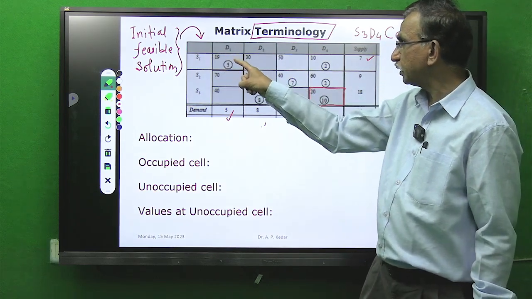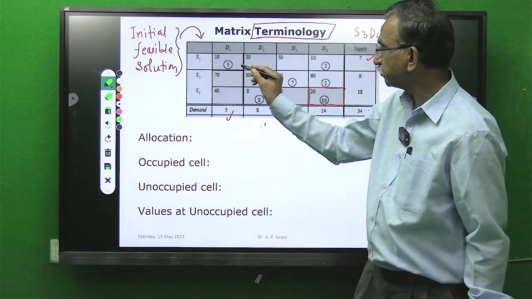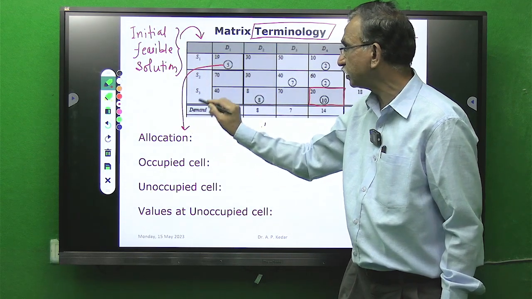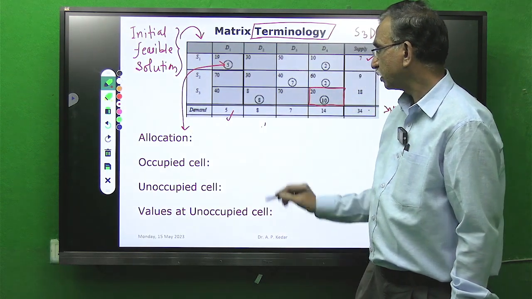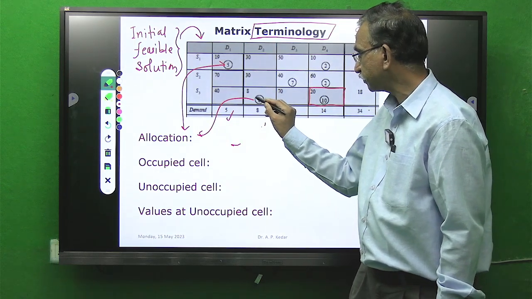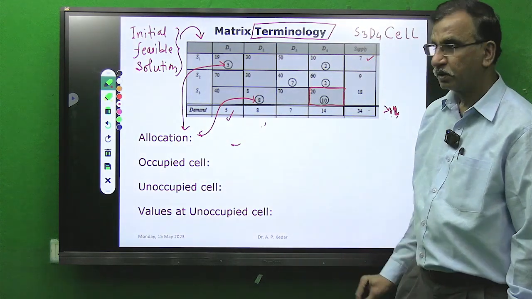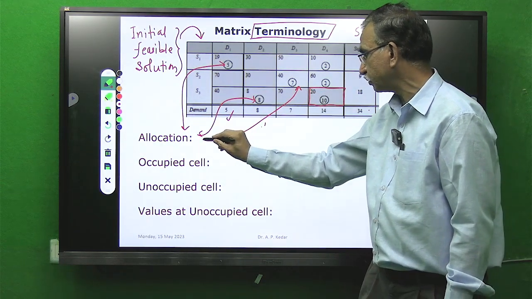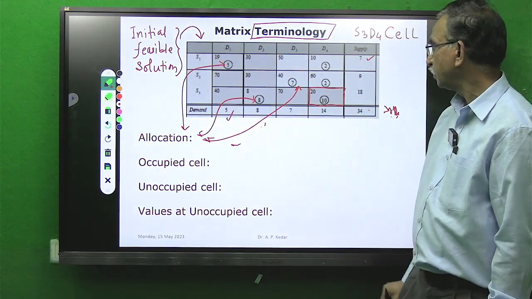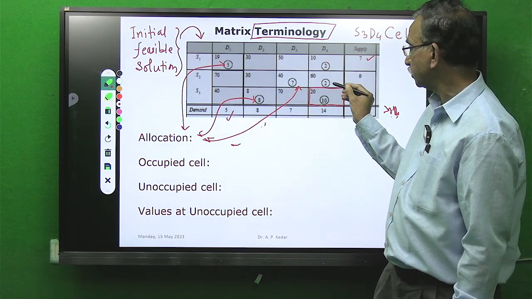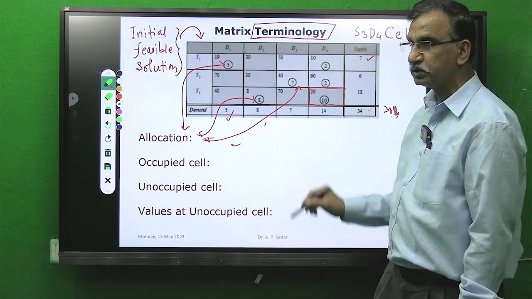Here for S1D1, this 5 is allocation. Like this 8 is allocation. Like this 7 is allocation. I think you are getting it now. Similarly, this 2 is allocation. This 10 is allocation.